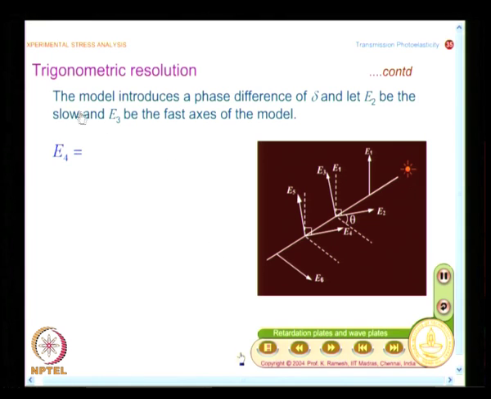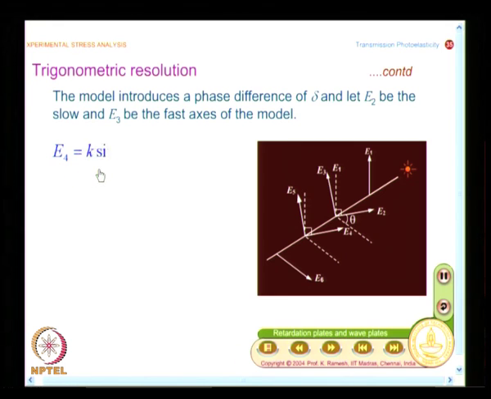So, what we say is the model introduces a phase difference delta, and let E2 be the slow axis and E3 be the fast axis of the model. If E2 and E3 are slow and fast, E4 is slow and E5 is fast. And we want to do it for E4, which is considered as the slow axis.